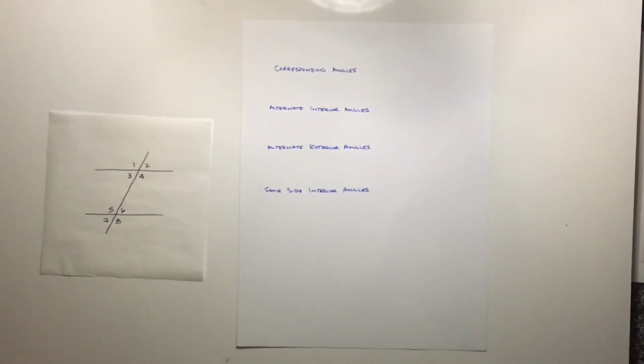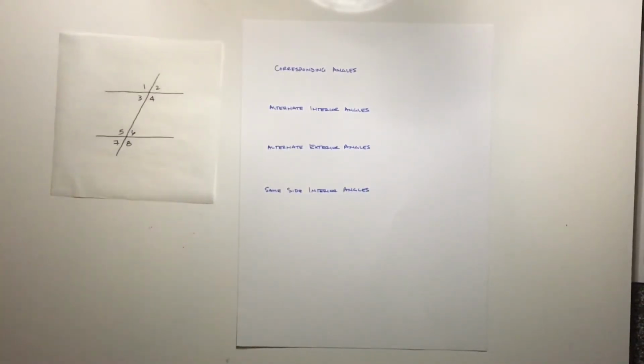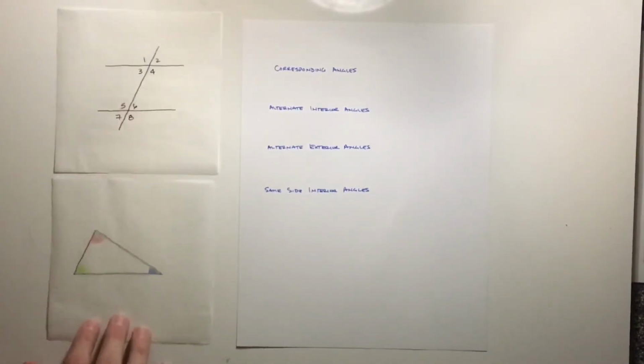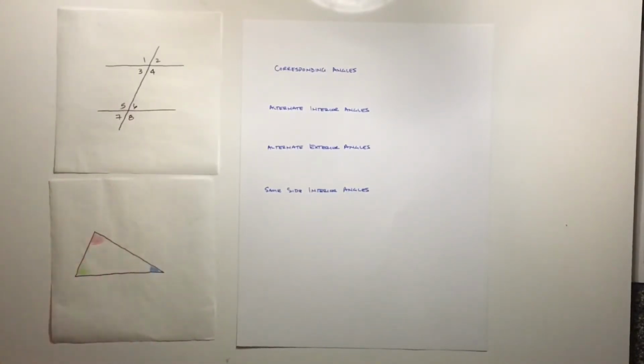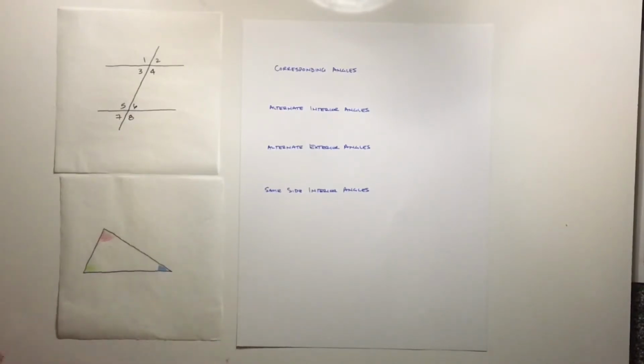However, one of the things that we did want to discuss is making relationships to those angle measures. And here's how we're going to do that. I have a triangle here, a very simple triangle that has no special characteristics with respect to the angles. But I've colored each angle so they stand out.